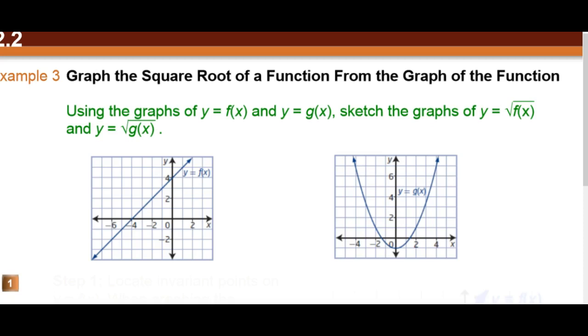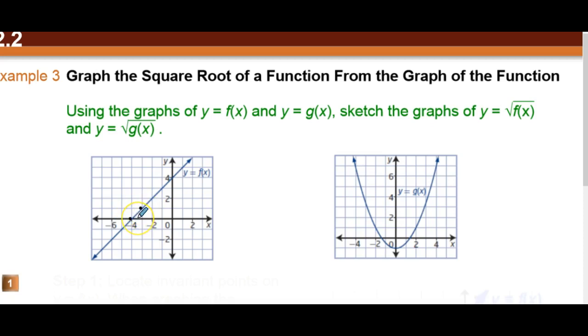The third example says use the graphs of y equals f of x and y equals g of x and the graphs of their roots. So we would have to sketch the graphs of the roots. Remember we said the invariant points occur when y equals 0, which is right here, and when y equals 1, which is right here.